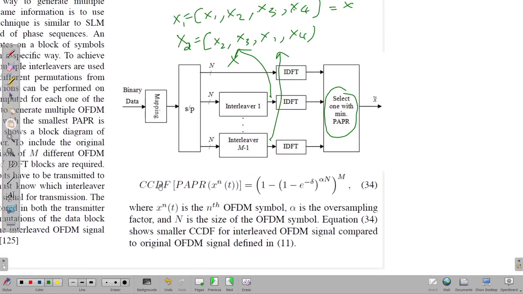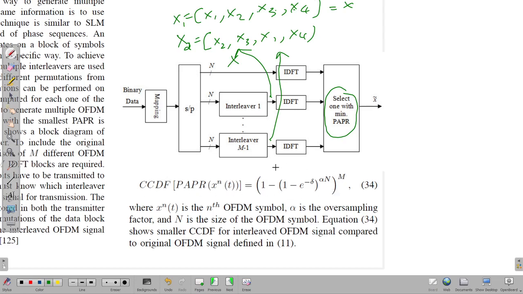And the CCDF, complementary cumulative distribution function, is defined like this for this interleaved OFDM.